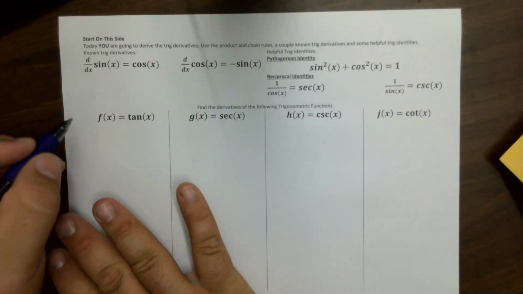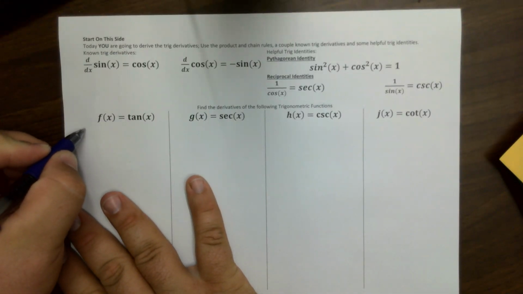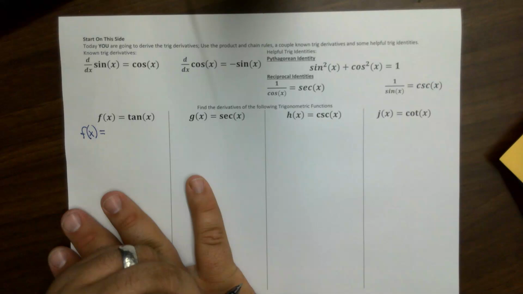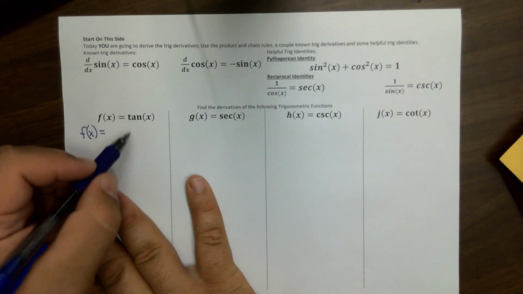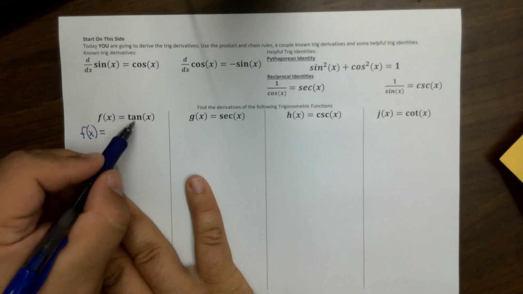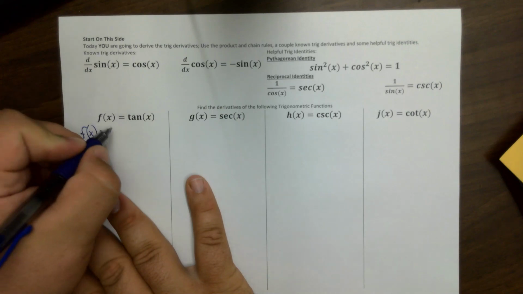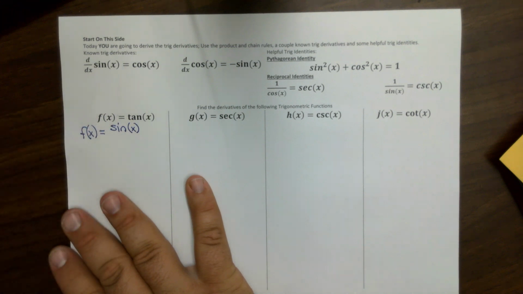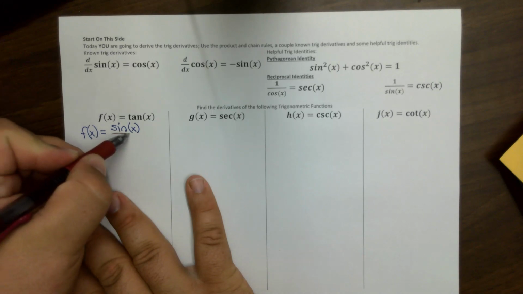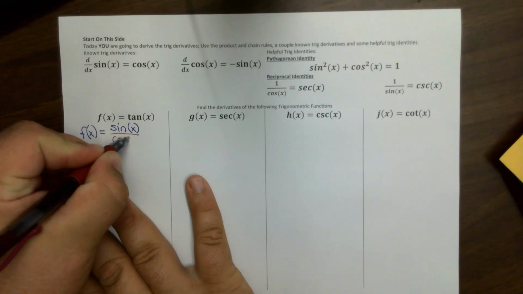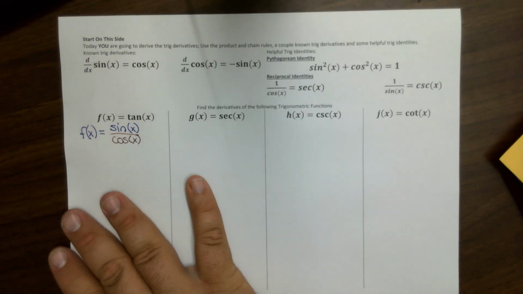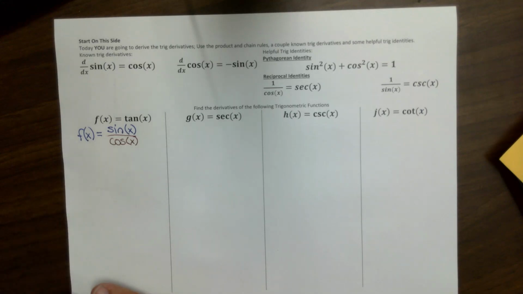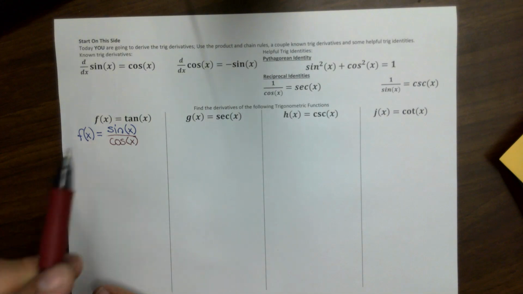We're going to go f of x, and we're going to change the way that this function looks, because this is not helpful. Break it apart. Sine of x over cosine of x. That was one of those trig identities I mentioned that's not written on this paper. That is very nice.